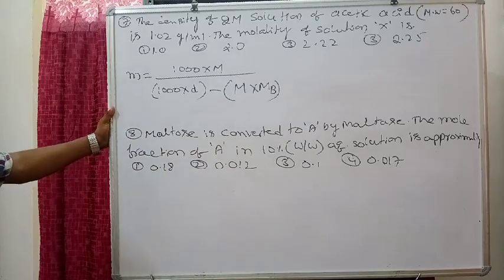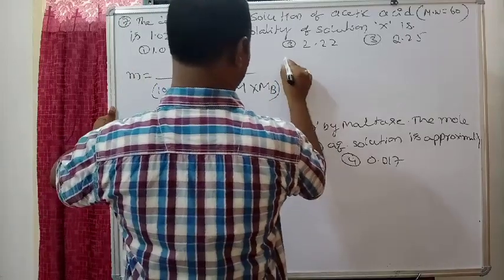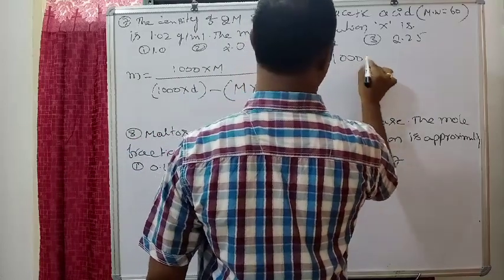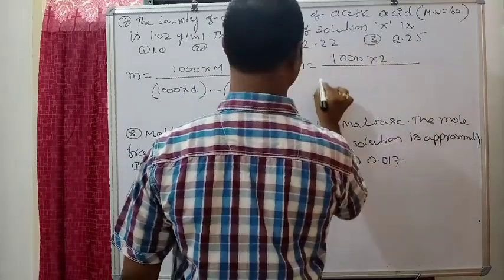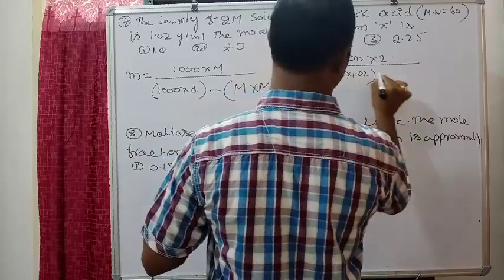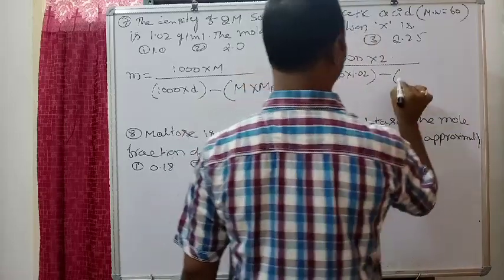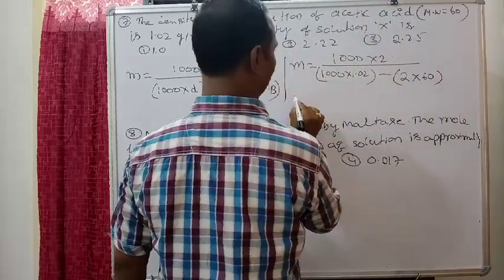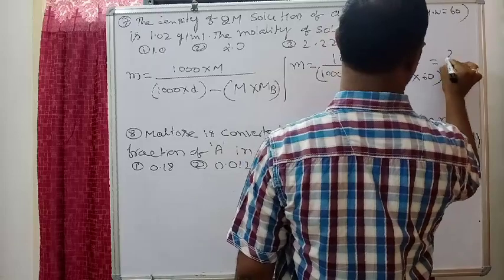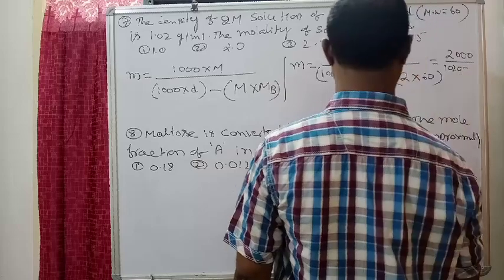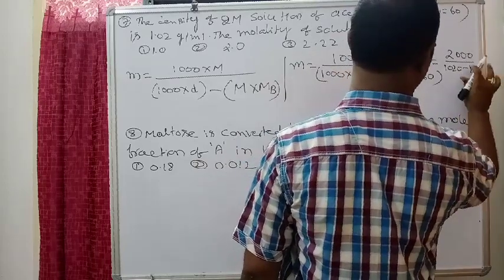Substituting these values, small m equals 1000 into 2 by 1000 into 1.02 minus 2 into molar mass of acetic acid 60. Carefully see, here we get 2000 by 1020 minus 120.